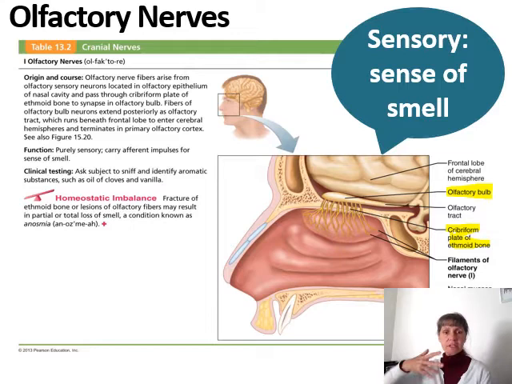And after those fibers go through the olfactory bulb, the neurons will extend posteriorly as the olfactory tract, and that will go beneath the frontal lobe to enter into the cerebral hemispheres, terminating in the primary olfactory cortex. And the only information that's carried on cranial nerve 1, which is the olfactory nerve, is the sense of smell.